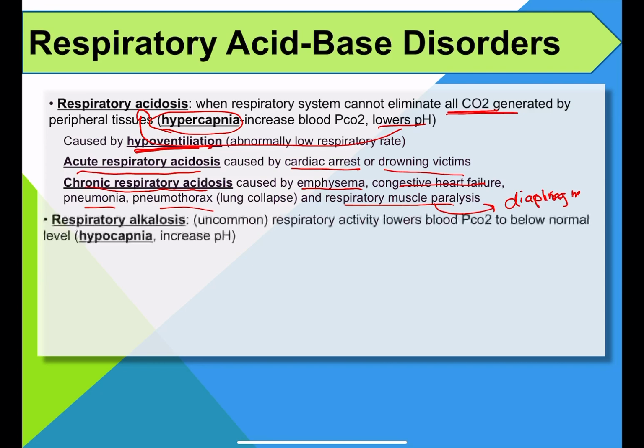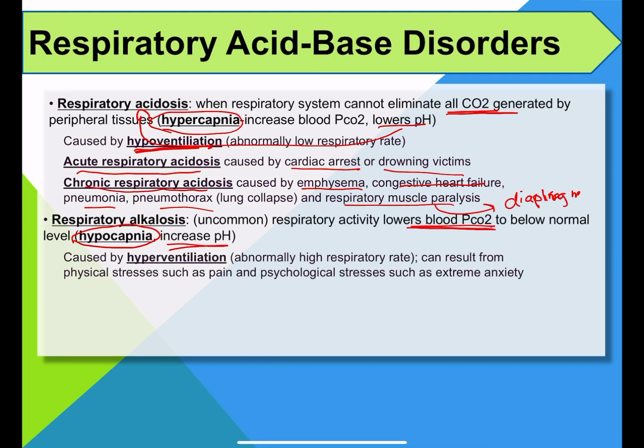How about alkalosis? For both metabolic and respiratory alkalosis, they both tend to be more uncommon. It's always acidosis that's more common. But if it happens, respiratory alkalosis is when your respiratory activity lowers the amount of CO2 available. Okay, and we get into a situation of hypocapnia, too low of CO2, which increases your body's pH.